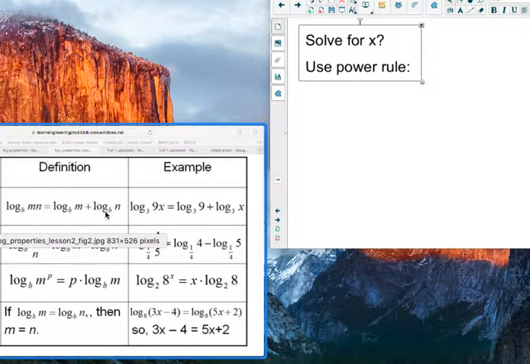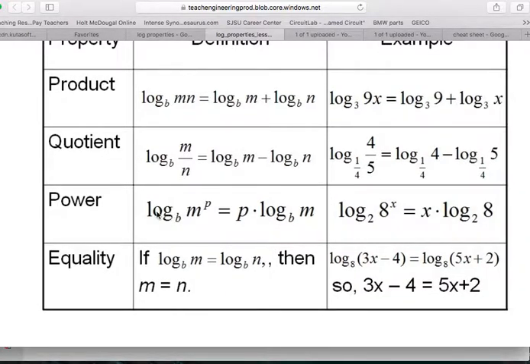The power rule is when we have a log of something to the base b, for example, m to the exponent p. Look at the p on the top, it is the exponent. The exponent becomes a coefficient in order to evaluate the log.